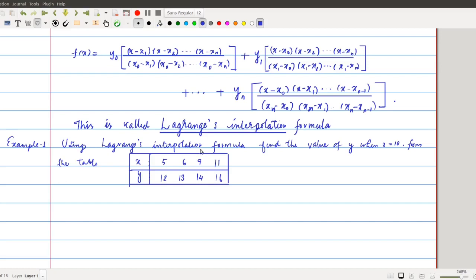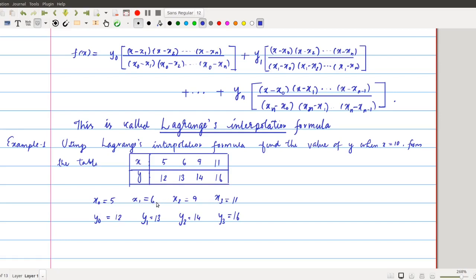This is the example. Using Lagrange's interpolation formula, find the value of y when x equals 10 from this table. Here we put x0 equal to 5, x1 equal to 6, x2 equal to 9, and x3 equal to 11. We have y0 is 12, y1 is 13, y2 is 14, and y3 is 16. First you observe that x0, x1, x2, x3 are not at equal intervals.